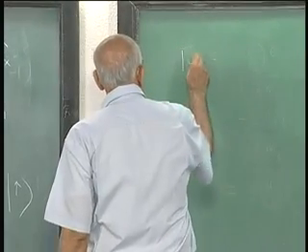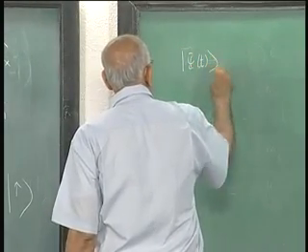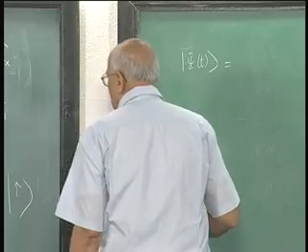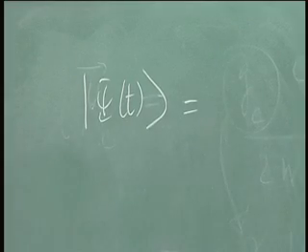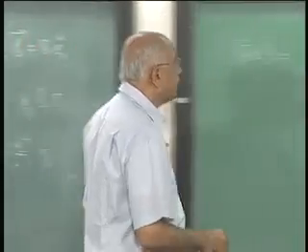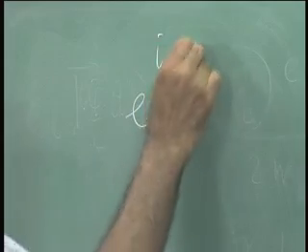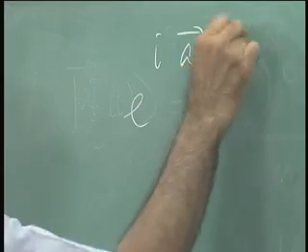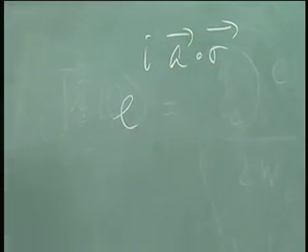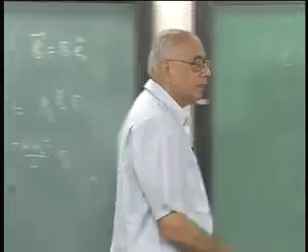So psi of t is equal to, now this is the form, let's use this general formula which we already wrote down, e to the power i a dot sigma, where a is an ordinary vector, a c-number vector.